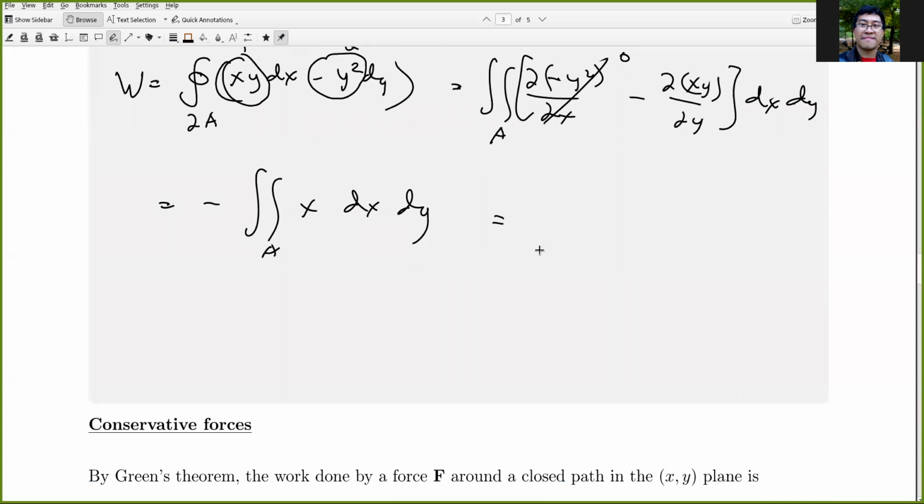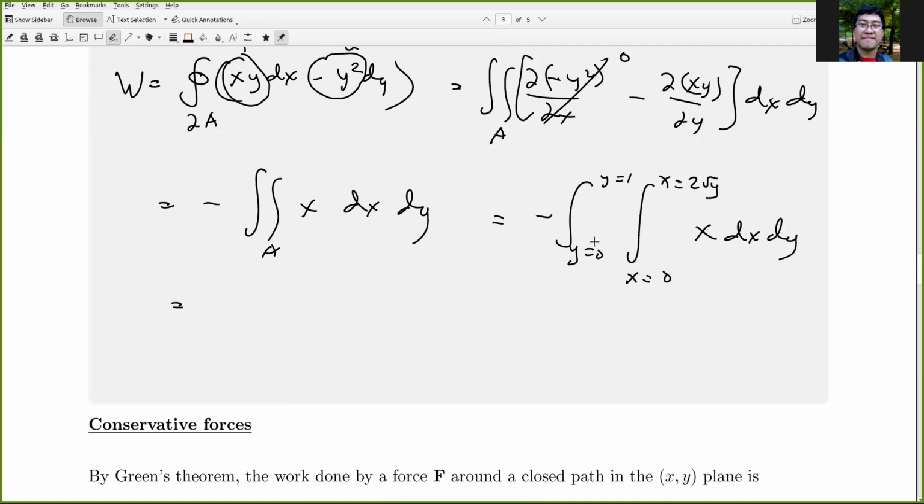So we can write it as negative, integral from 0 to 1, this is our y. And for our x, x starts from 0 to x equals 2 square root of y. So this is x dx dy.